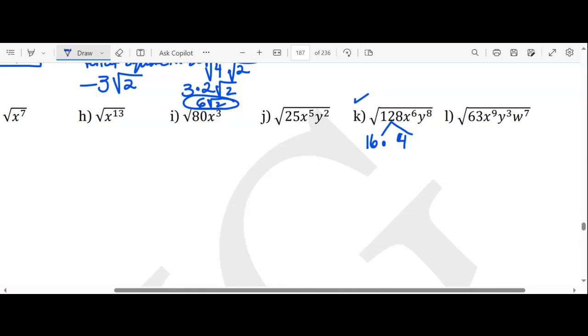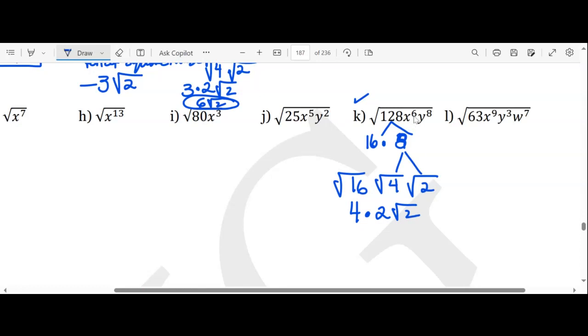So 128 divided by 16 gives you 8. Okay? So here it's not 4, it's 8. Now what about 8? 8 is what by what? 4 times 2. So this whole thing looks like this. 16 is a perfect square number, 4 is a perfect square number, so this is 4 times 2 times what?